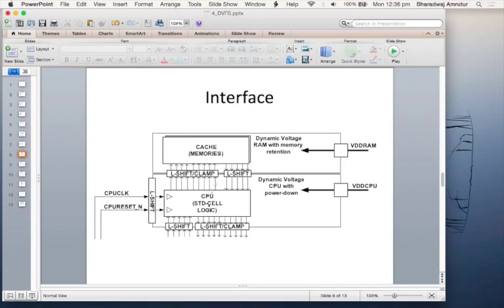When that happens, all the voltages at all the interfaces will start going down. So you have to be careful, because if the other blocks are not power gated, if they are still alive, then at the interface you have a circuit whose input voltage is slowly drooping down and may eventually go to 0.